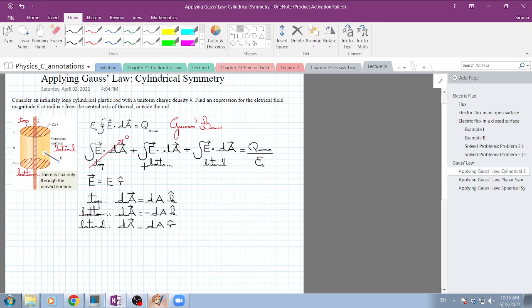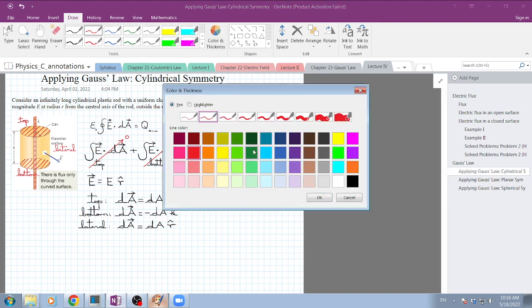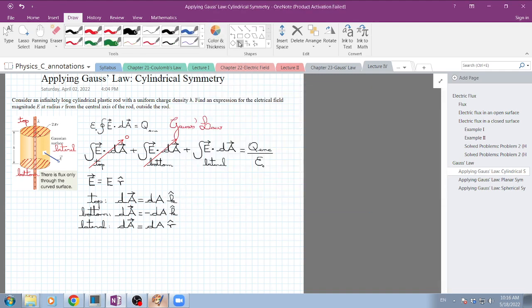This is one way of analyzing this: the normal vector is going to be perpendicular. Just analyzing the scalar product between the electrical field and the elements of area, you can see that this is going to be zero. The other way of seeing this without too many calculations is realizing that we have a normal vector here.